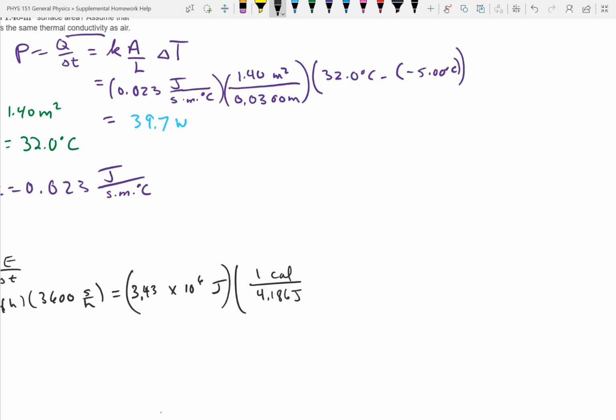I'm going to leave it. It's 1 kilocalorie per 4.186 kilojoules, right? Because a kilocalorie is a dietary calorie, because that is what it's asking for, right?